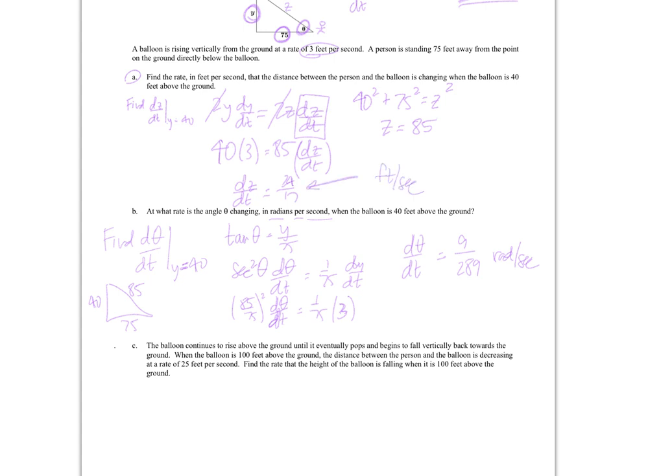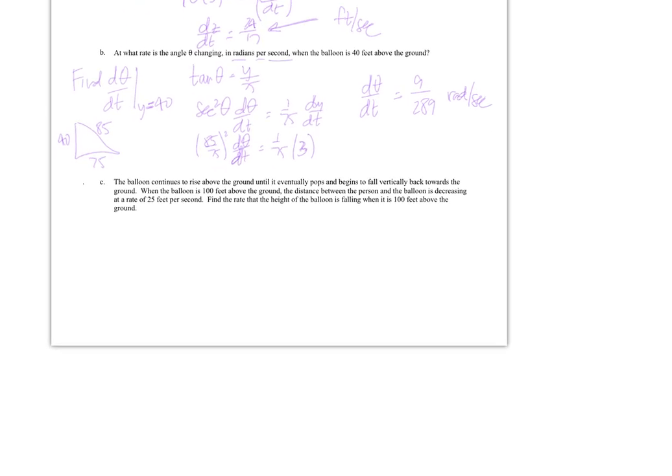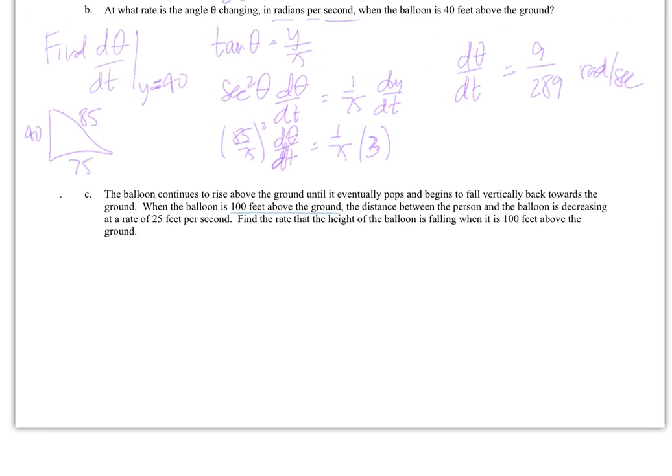Okay, so then for this last part, the balloon continues to rise above the ground until it eventually pops and begins to fall vertically back down towards the ground. When the balloon is 100 feet above the ground, the distance between the person and the balloon is decreasing at a rate. So what do we have? We have dz/dt, right?